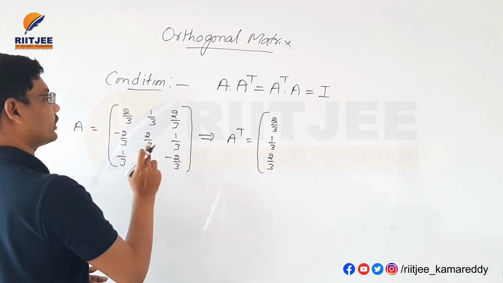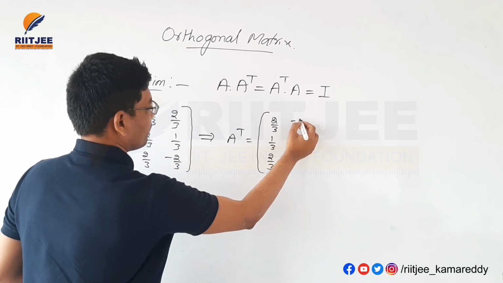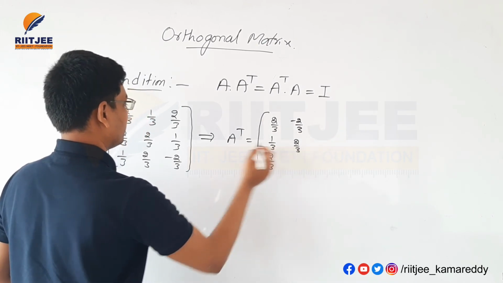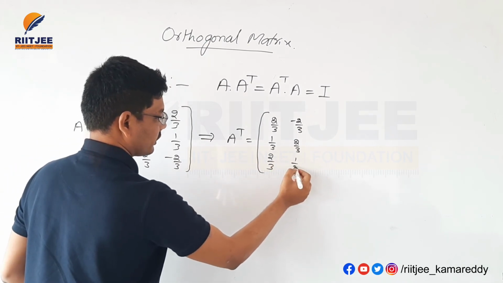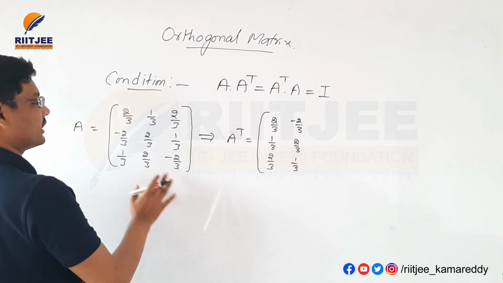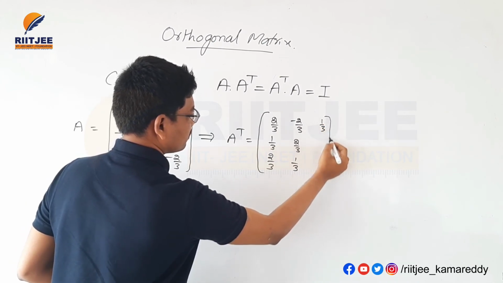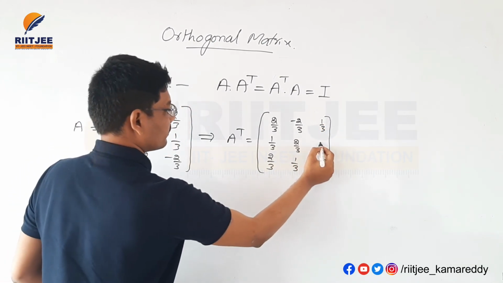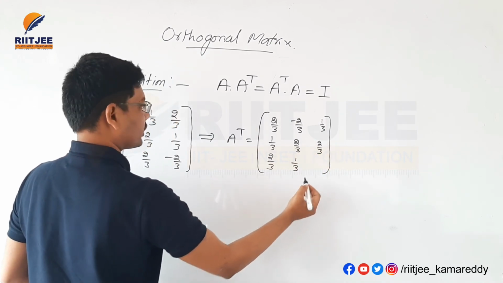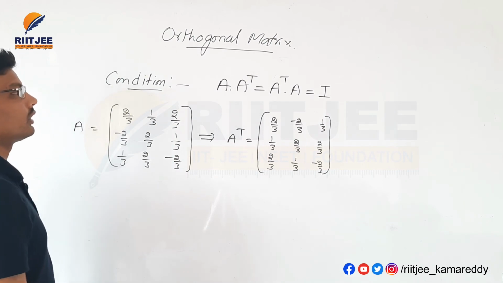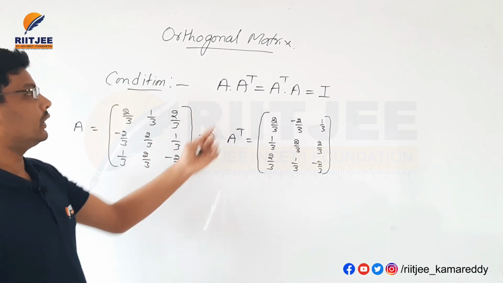R2 is changed to C2: minus 2 by 3, 2 by 3, 1 by 3. Next R3 is changed to C3: 1 by 3, 2 by 3, minus 2 by 3. This is A transpose.